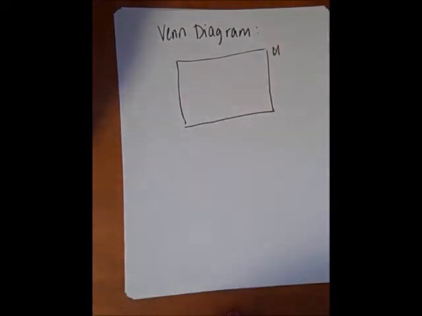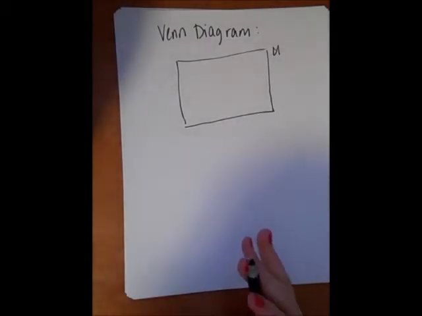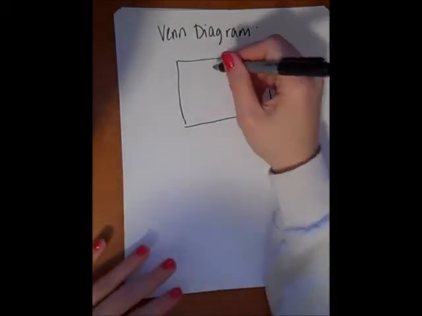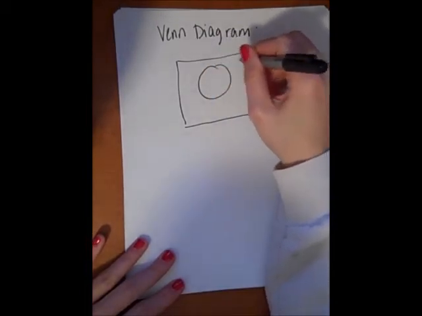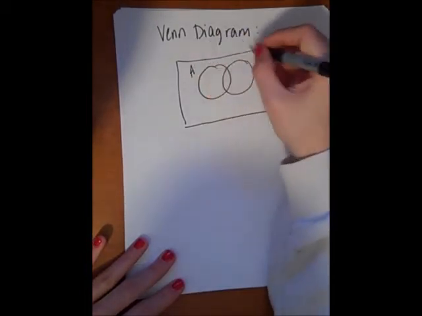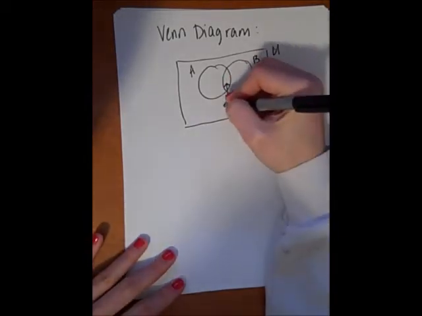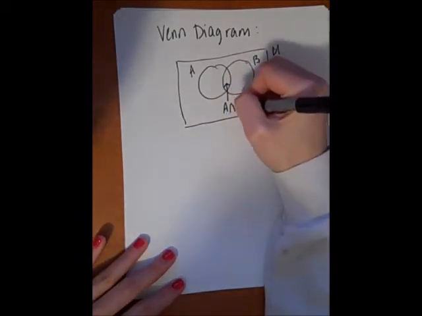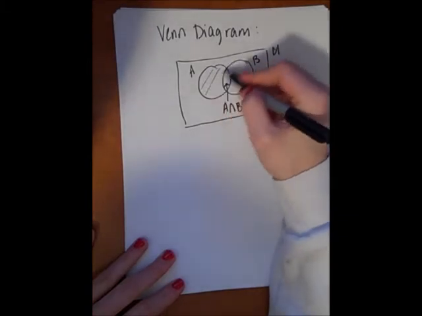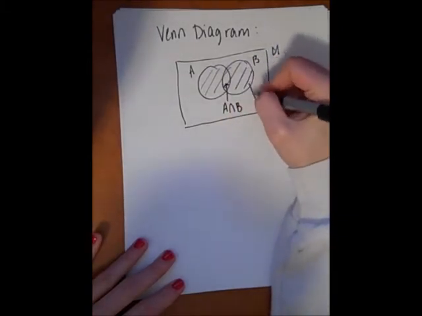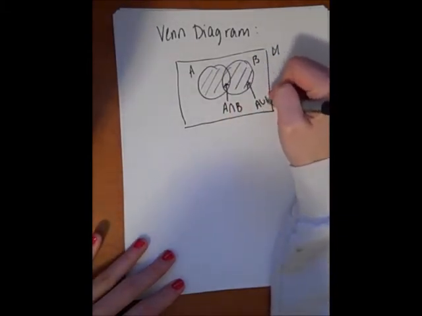That's going to be your universal set. It's almost like the universal set is the world. This is everything that's possible. Then I'm going to have my sets kind of inside of it. This section here, that's where they overlap. That would be A intersect B. And then if I put them all together and shade them, that's A union with B.